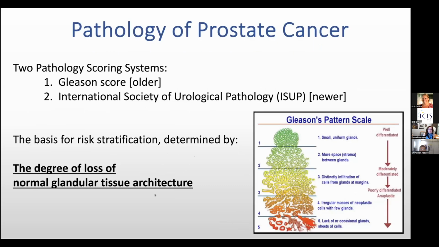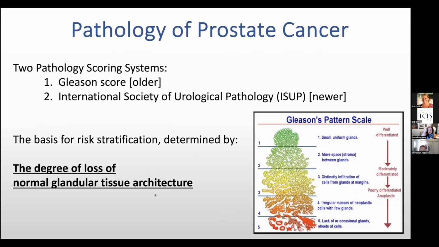So to really understand where MRI helps, it's a good idea to understand the pathology of prostate cancer. So the Gleason pattern scale that I am showing here on the right, the little green at the top, number 1, that's what you would normally expect. So there's a lot of lumen, a lot of hole, if you like, in the middle of these little circles.